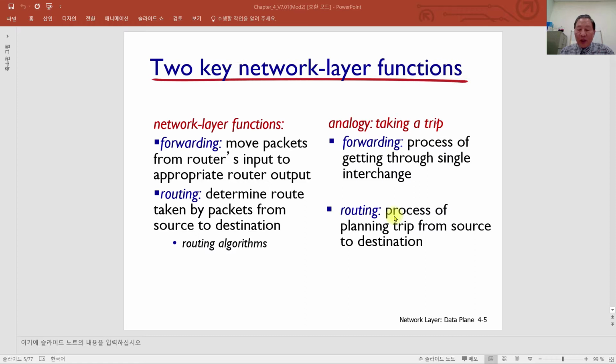And routing is analogous to the process of planning the trip from source to destination. This functionality is a kind of overall functionality from the beginning to the end, in our case, from source to destination.